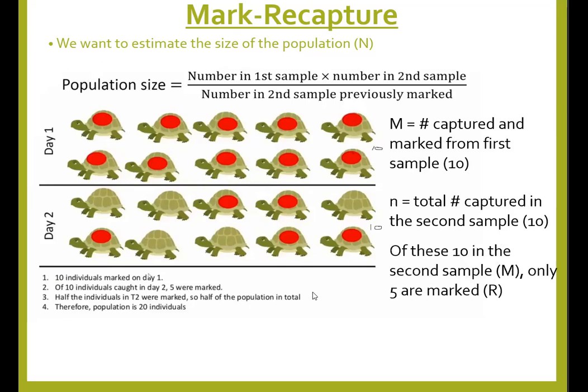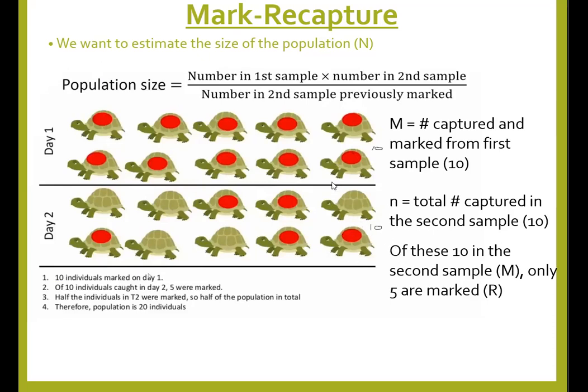Of the 10 turtles that were captured the second time, how many of them are marked? This is R. We call it R because these are essentially recaptured.